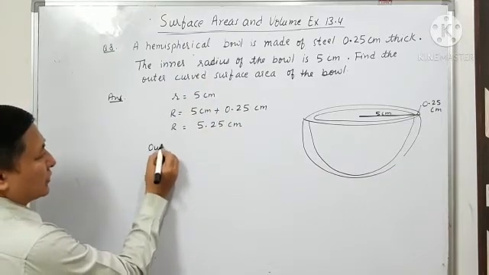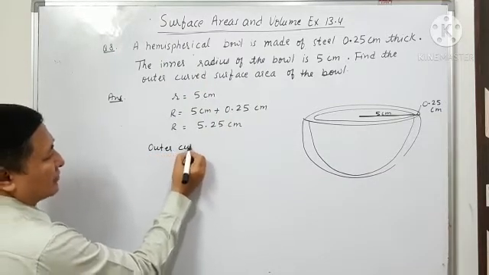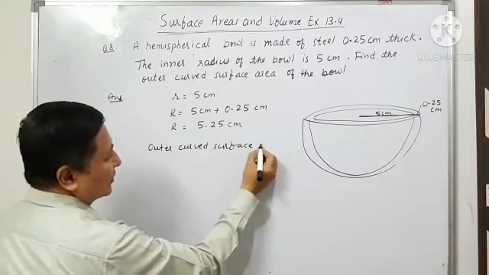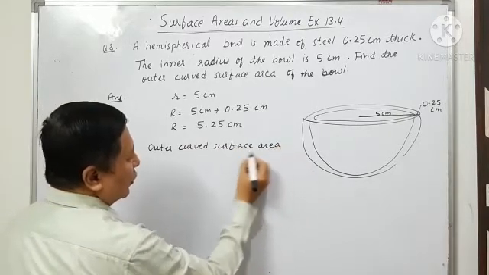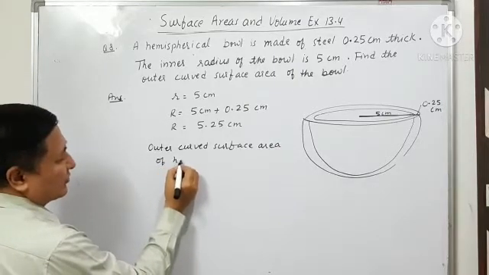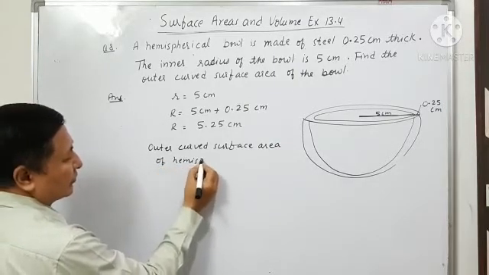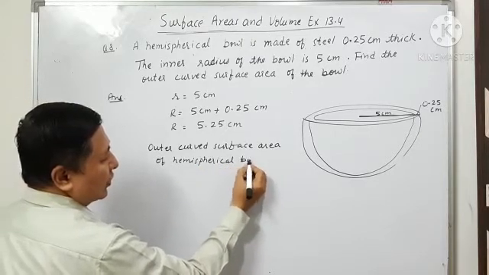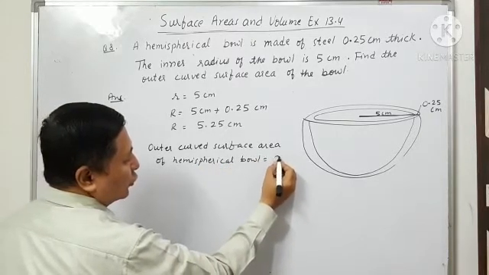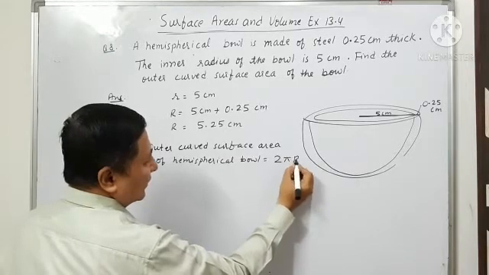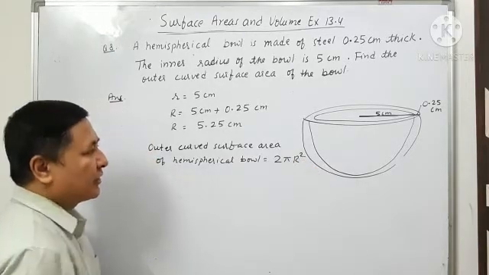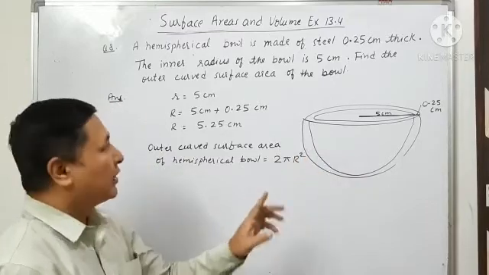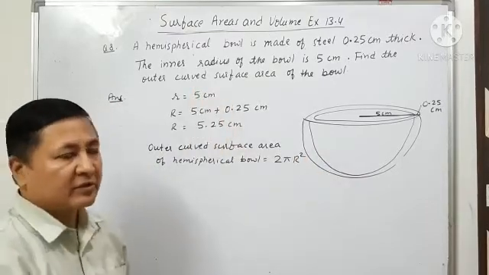So the outer curved surface area of the hemispherical bowl is equals to 2 pi capital R square. Now if it is asked for the inner curved surface area, then we take 2 pi small r square. But in this question they have asked the outer curved surface area.